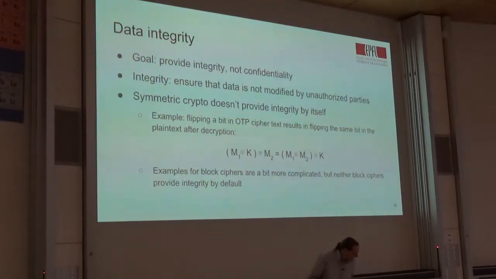Let's look more specifically at data integrity. We've been talking about the goal of confidentiality, just keeping secrets from leaking. But in practice, we're just as worried about, and sometimes even more worried about, integrity: ensuring that the thing that was sent is the thing that was received, and an attacker didn't have the opportunity to maliciously change something. So integrity ensures that data is not modified by unauthorized parties.